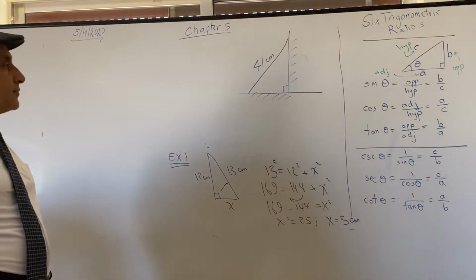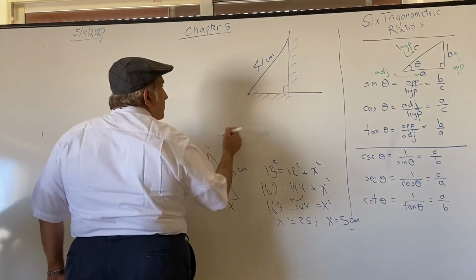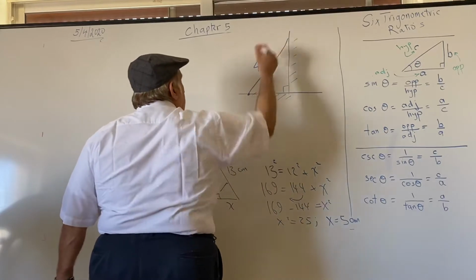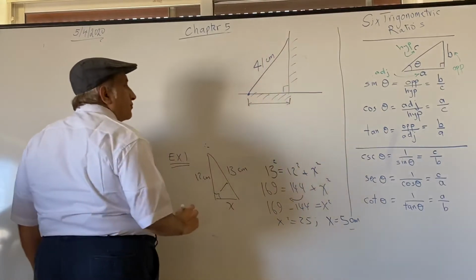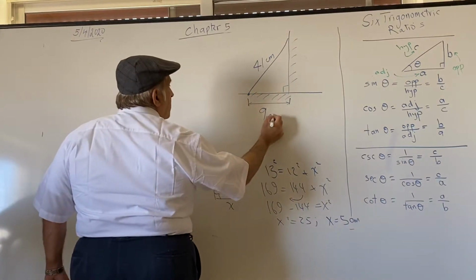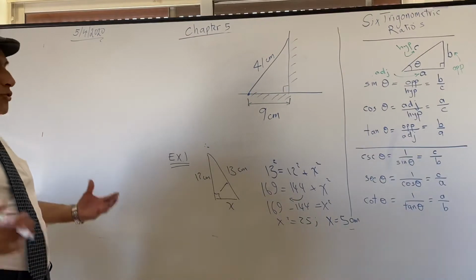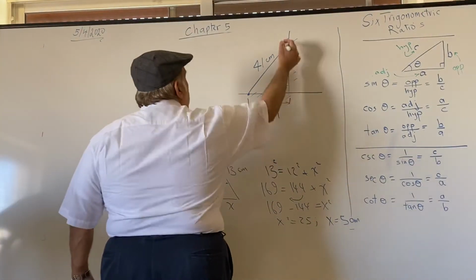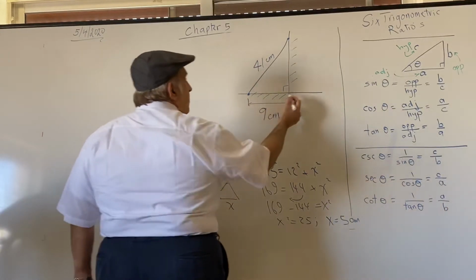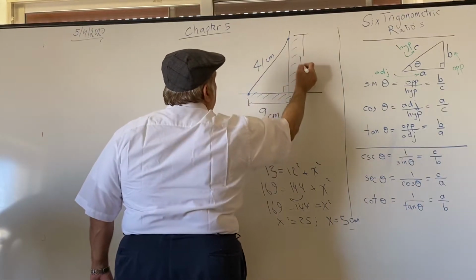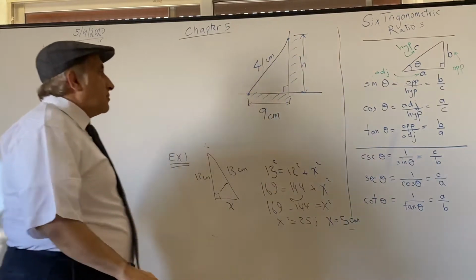And the foot of the ladder, this is the foot, this is the head, is how far away from the wall? Let's say it's 9 centimeters. How would you calculate the highest point, the head of the ladder, from the floor? Let's call this H, the vertical height.